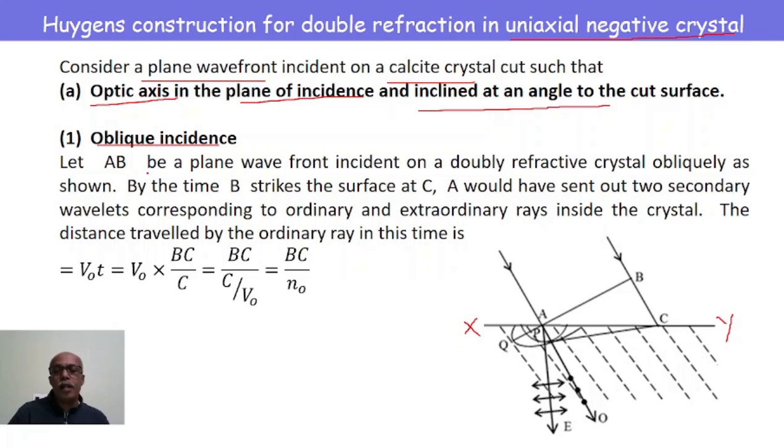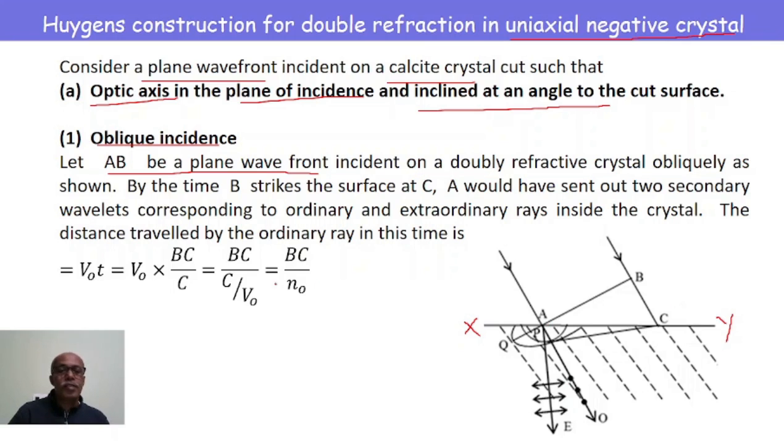And in this, AB represents the plane wavefront. Now, by the time B reaches the surface of the crystal at C, A will send two waves, ordinary and extraordinary, inside the crystal.